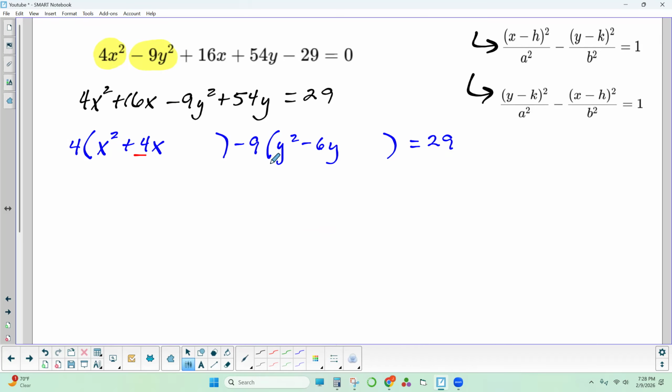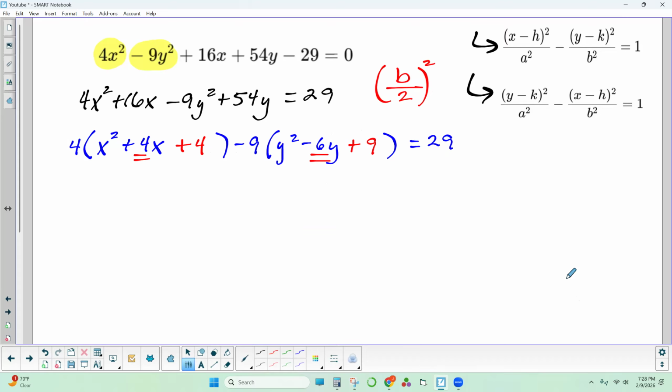So we're going to take our coefficients b, and we're going to half it and square it. So half of 4 is 2, and 2 squared is 4. Half of negative 6 is negative 3, and negative 3 squared is 9.